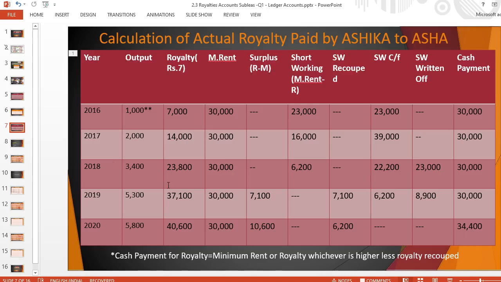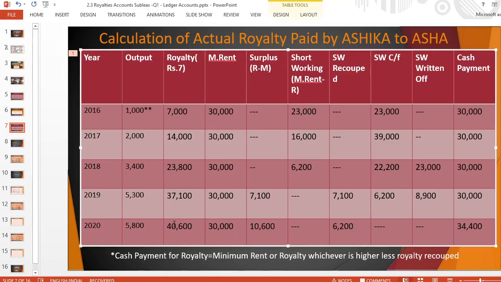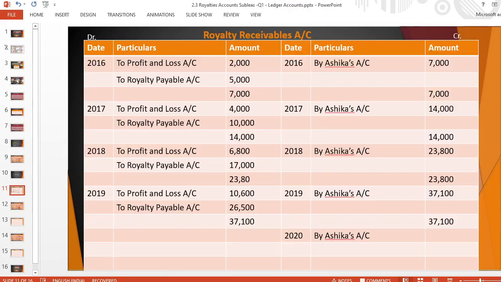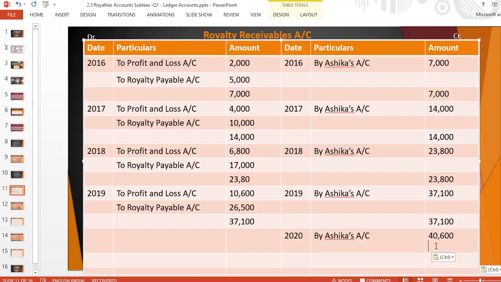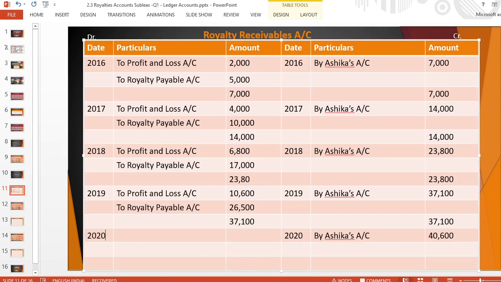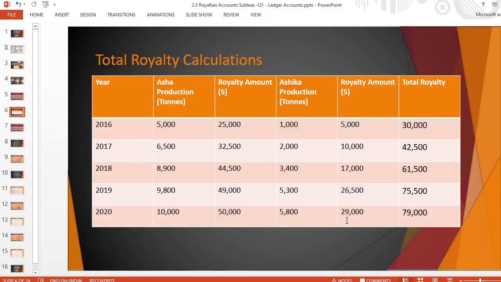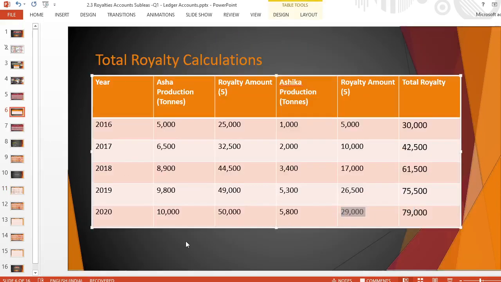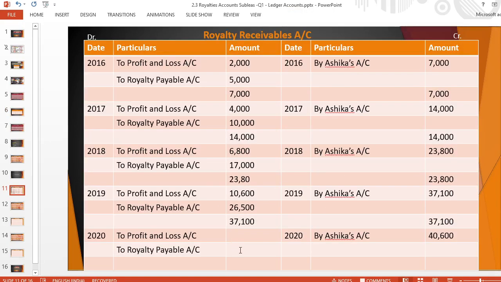Royalty due in the second table for 2020 was 40,600. And on the debit side 2020, the same two transactions, and I should enter the amount. I'll check the royalty payable or adjusting entry, it is 29,000 rupees.